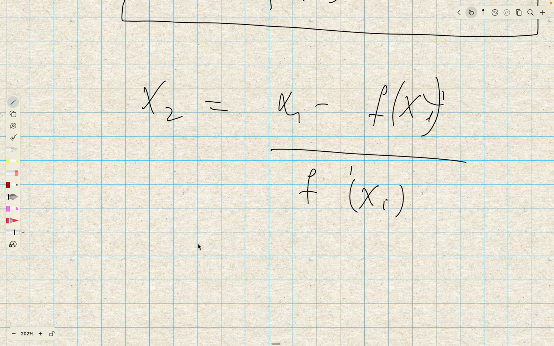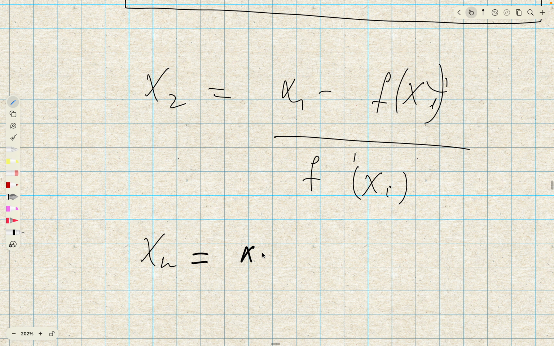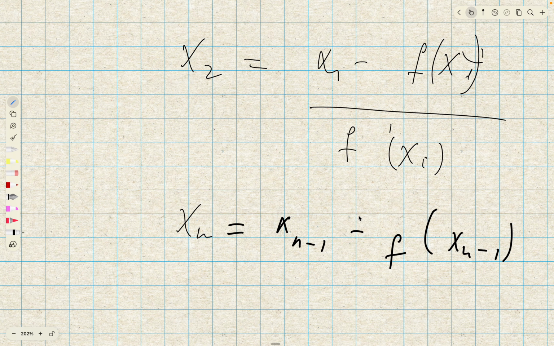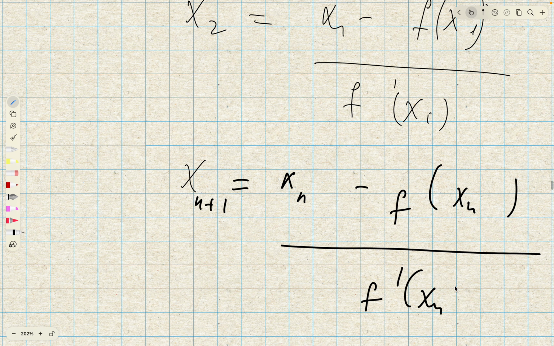Okay. So we'll keep doing it as xn. Or we can just write like this: x(n+1) equals xn minus f(xn) divided by f'(xn).